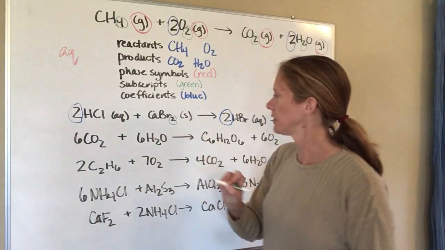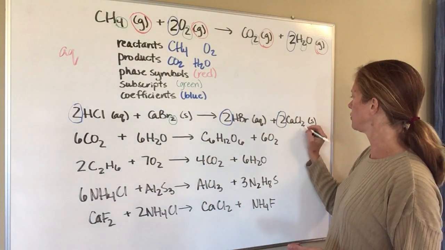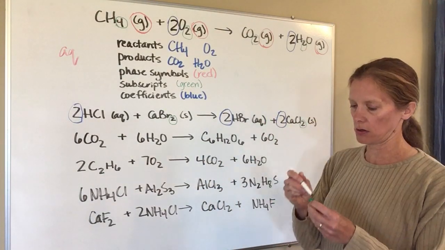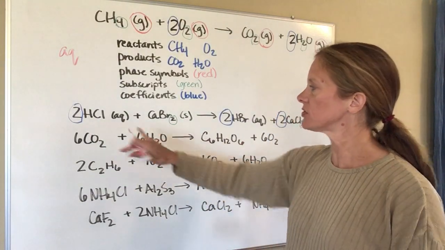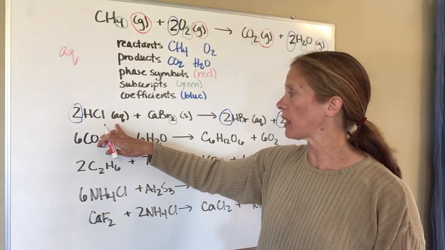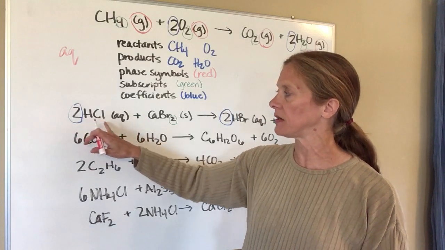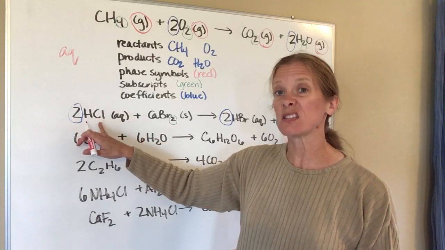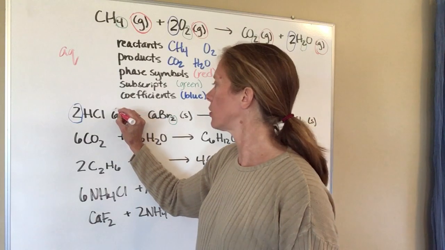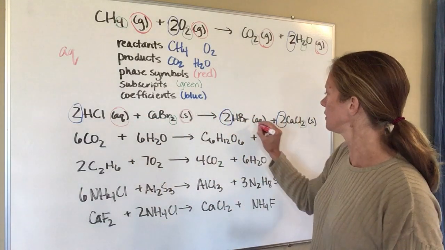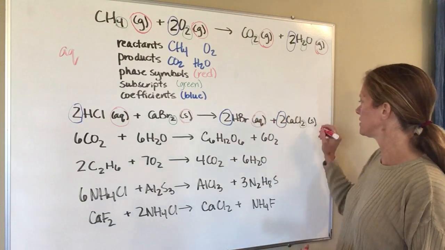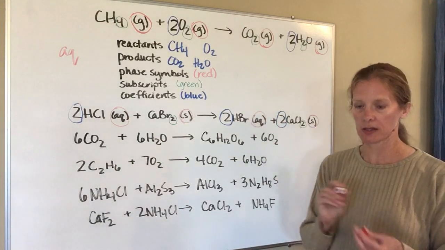So you're going to have a 2 here, and a 2 here for your subscripts. And then for your phases, here's the AQ that I told you about before. That's aqueous. That means that we've got hydrogen monochloride dissolved in water. So this one is aqueous. This one is solid. This one is aqueous. And this one is solid.